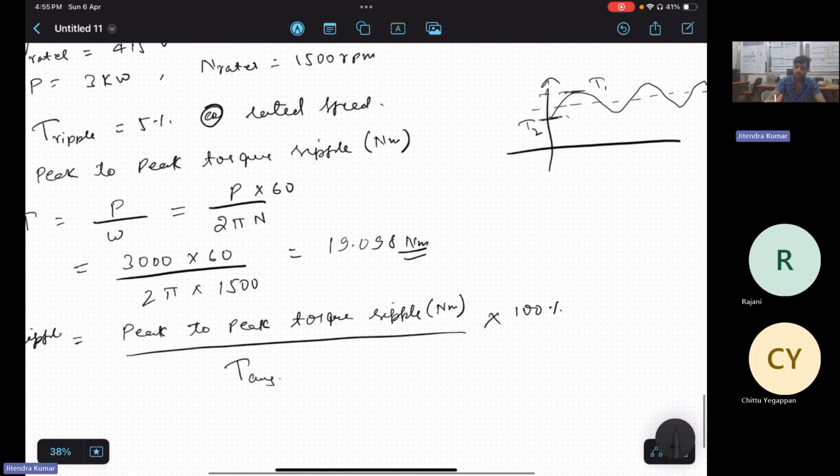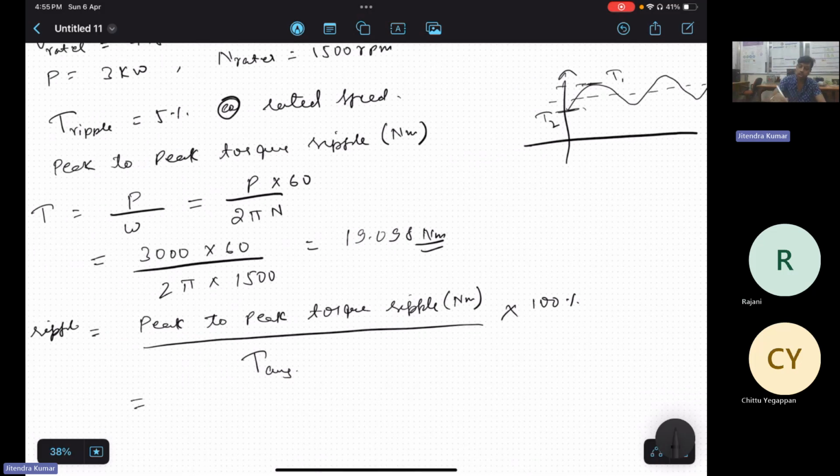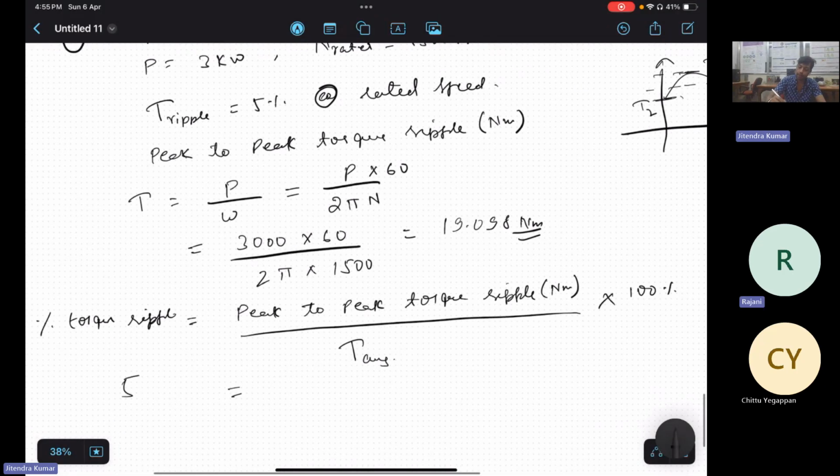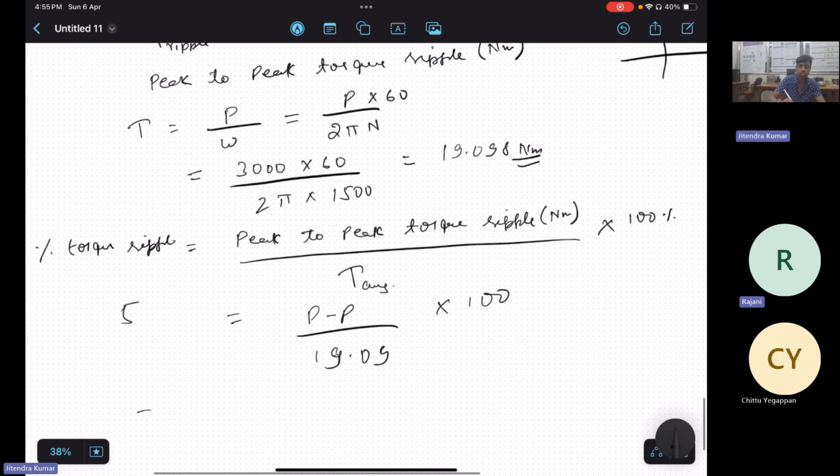Yes, sir. So we have to calculate T1 minus T2, and percentage torque ripple is given as 5%. This peak to peak divided by T average, which is 19.09, into 100, so now we can calculate the peak to peak value.